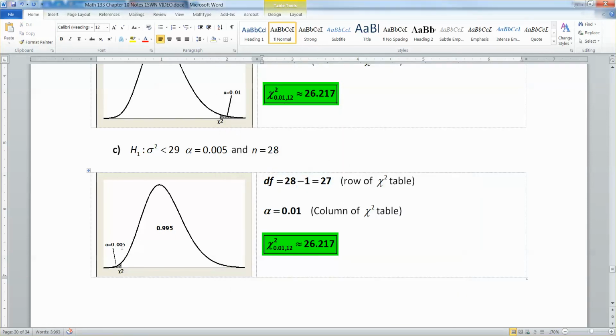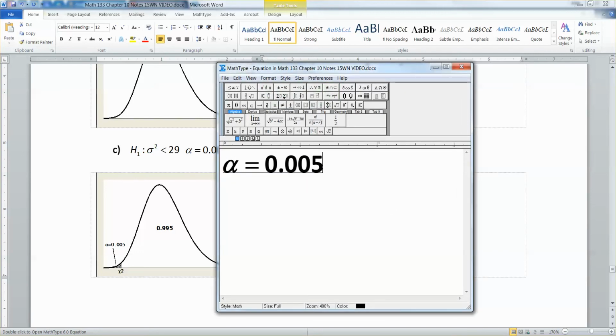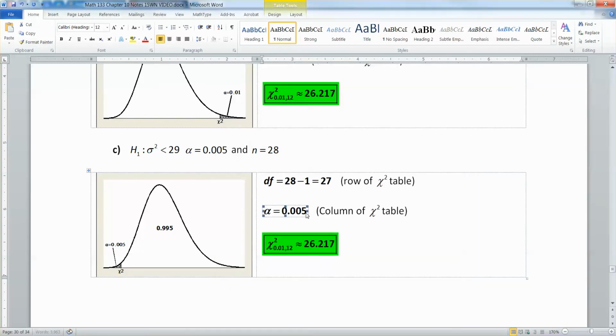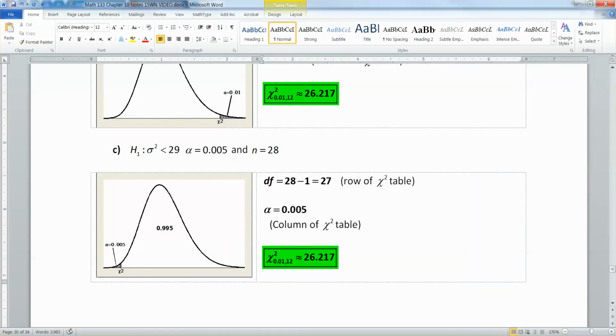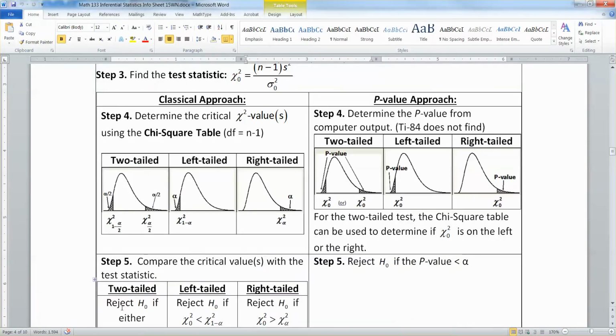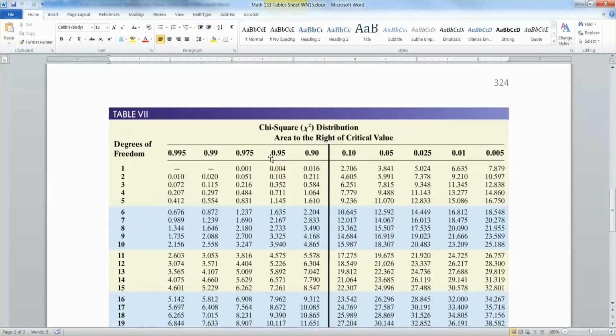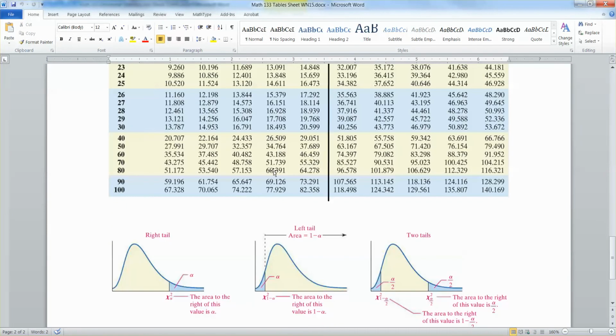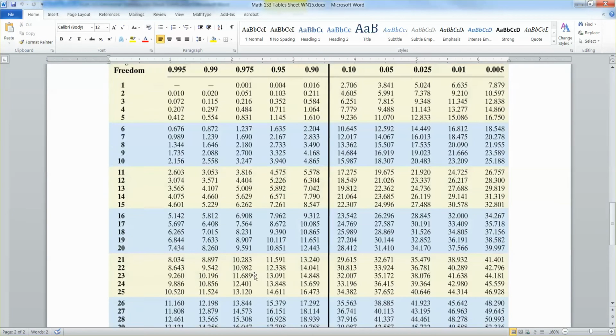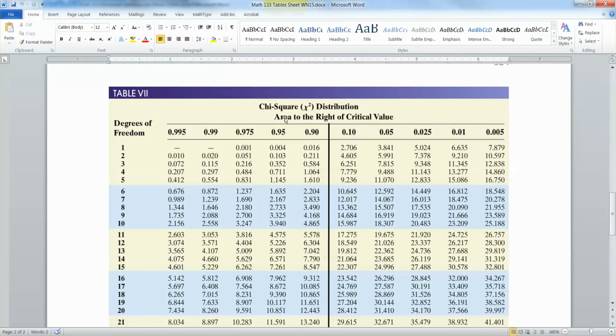And then I know that alpha here is 0.005. But that's not the column that I want. What I want is 1 minus alpha. Now, why is that? Well, if you recall, these tables work off of the area in the right tail. That's how the tables work, right? It says right up to the top, area to the right of the critical value.